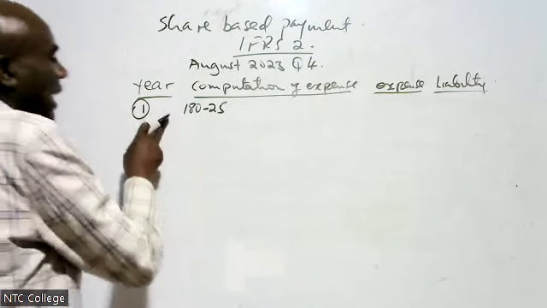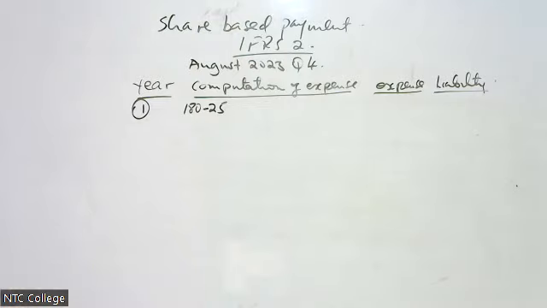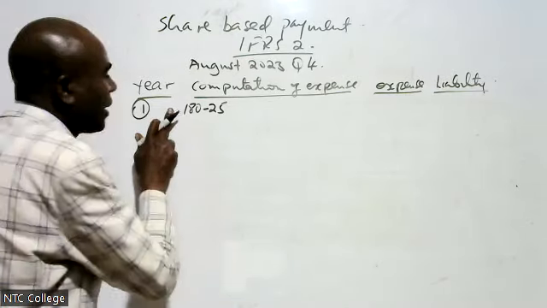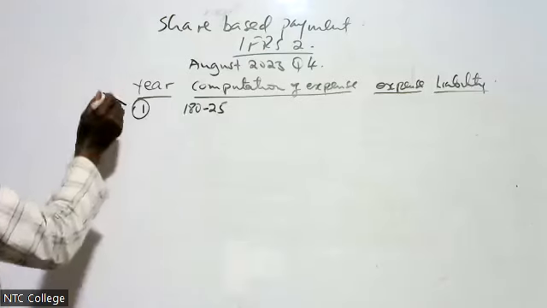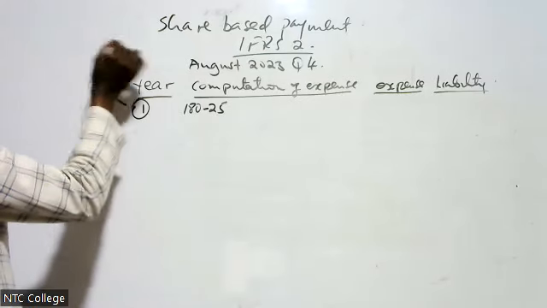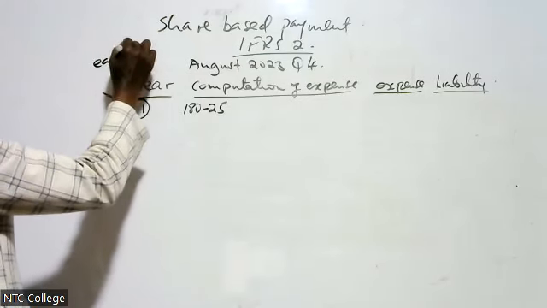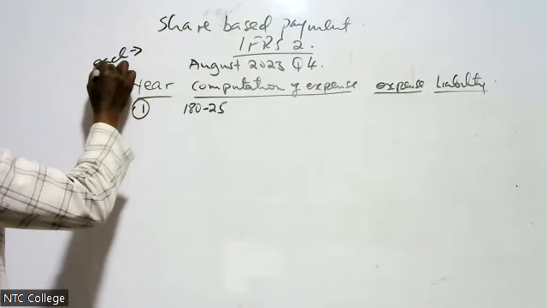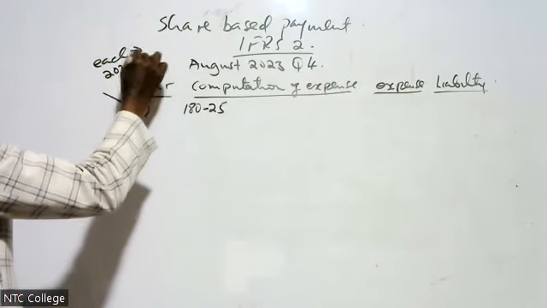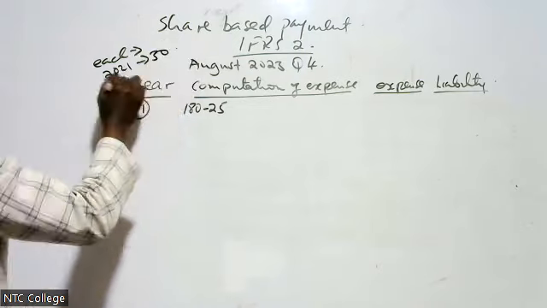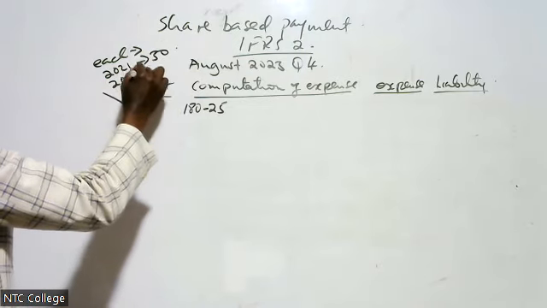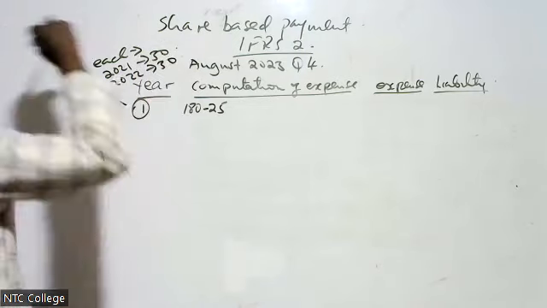Now we are in year 1. Listen very carefully to what I am explaining. This is the confusing part. We are in year 1, but the company tells you that we expect that in each of the 2 years, in 2021, 30 employees will leave, and in 2022, 30 employees will leave.